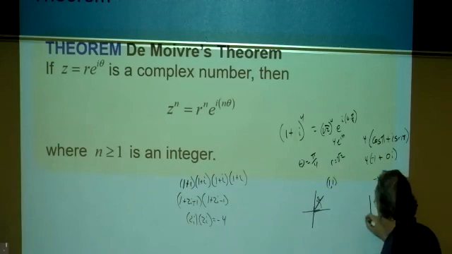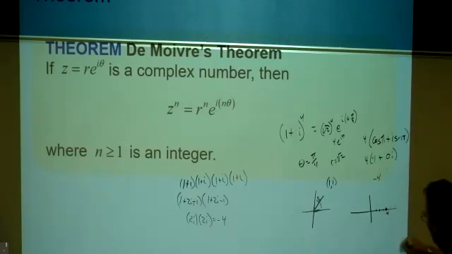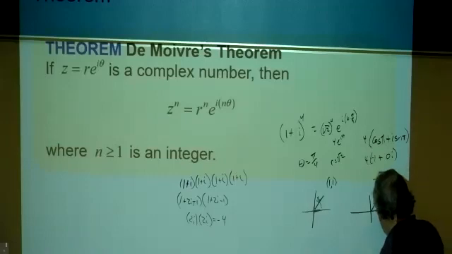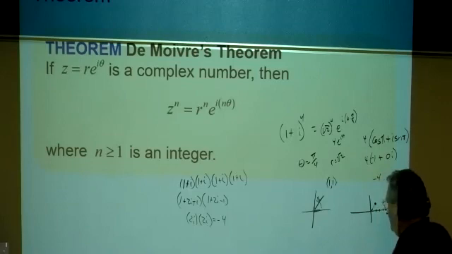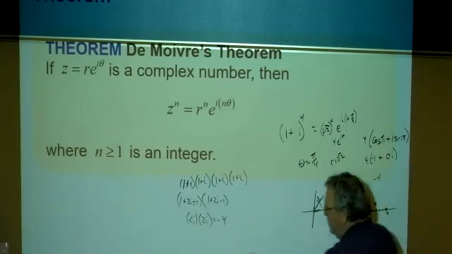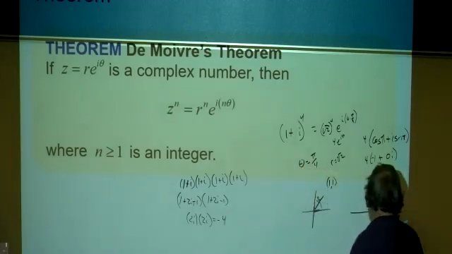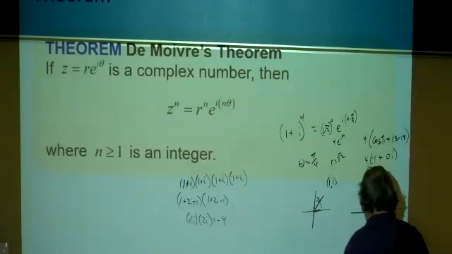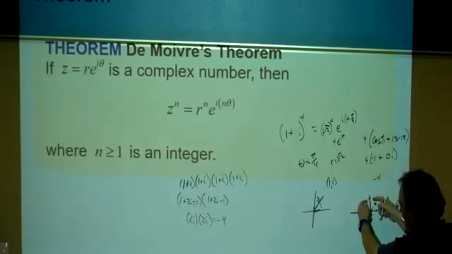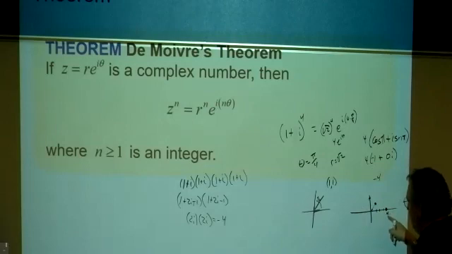So it's on the x-axis. We started at this point, and we wound up over here. I'm multiplying that point by itself, and it gives me this point.